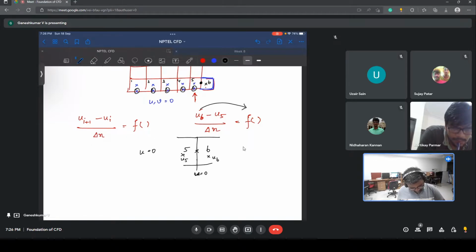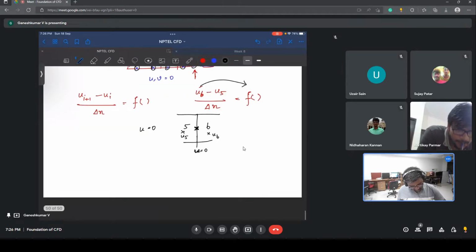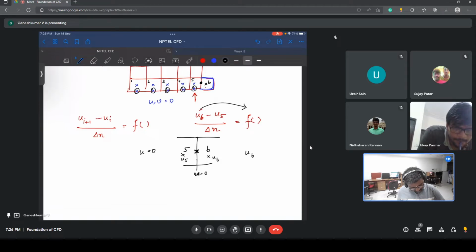To make u be 0 at the face, you need to make u6 equal to minus u5. The velocity coming to the face is equal to the velocity coming from the other side, so the condition is already satisfied.